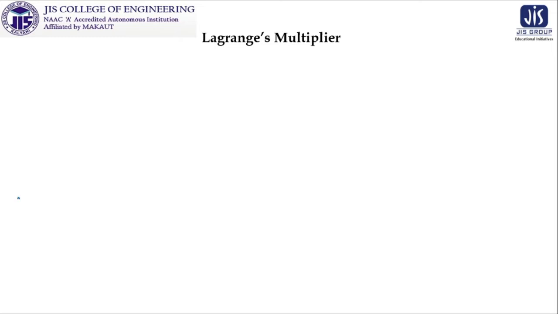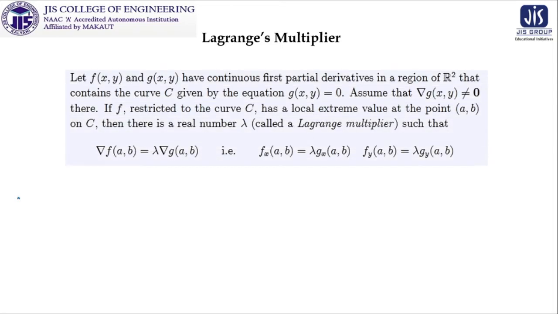Now, what is the meaning of Lagrange's multiplier and what is the method we are going to follow? Check it out. We have f(x,y) and g(x,y) with continuous partial derivatives in a region of R2, because we are taking the function of several variables in two variables x and y, so our job will be done in R2, that contains the curve C given by the equation g(x,y) equal to 0, that means the constraint function.